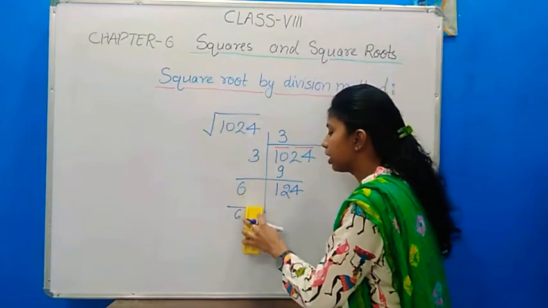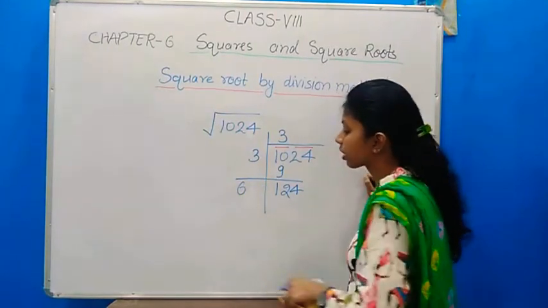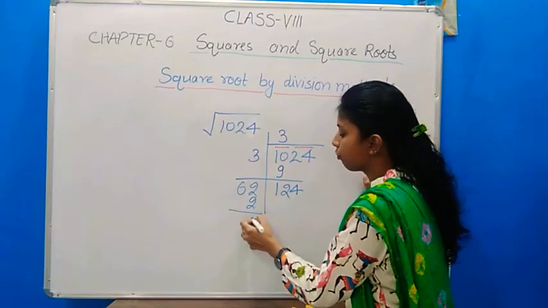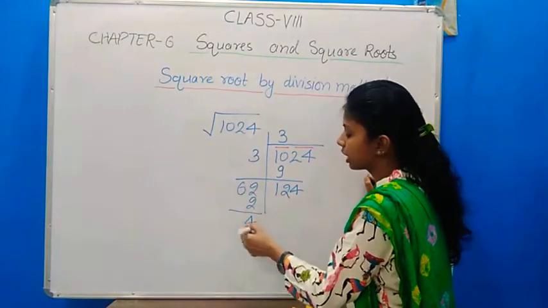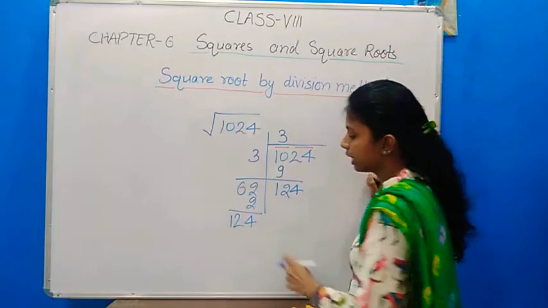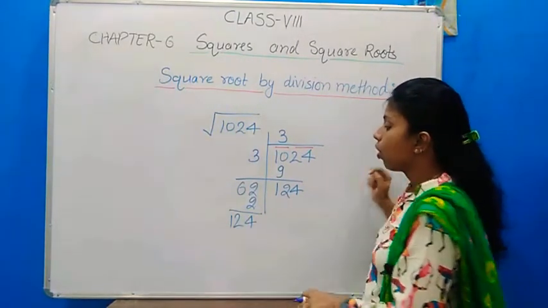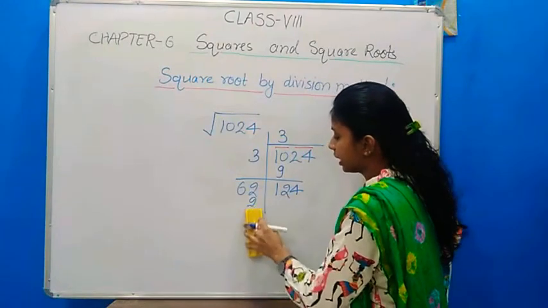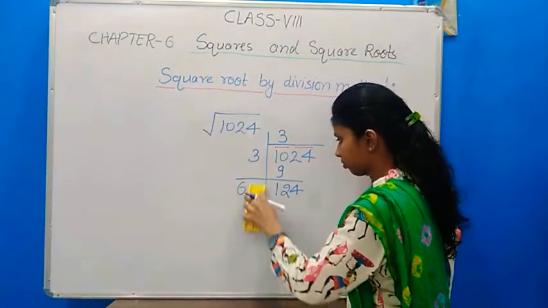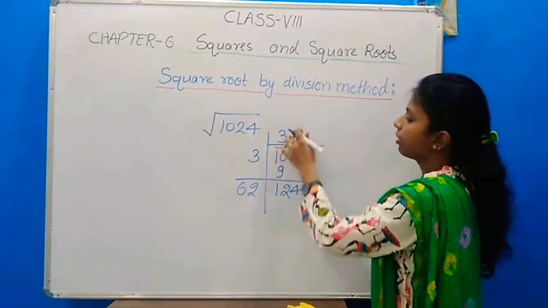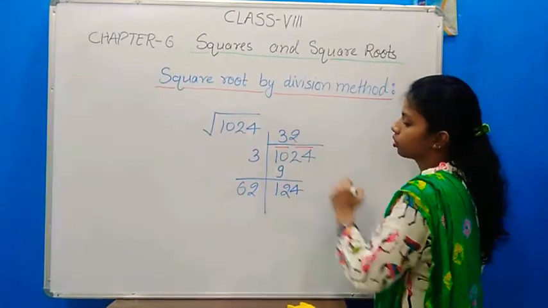Let's check with 2. Suppose I am taking 2 here. So 2 times 2 is 4 and 2 times 6 is 12. It is equal to 124. So what number can we take? We can take 2. So here I am going to take 2, and we are going to write 2 here also.